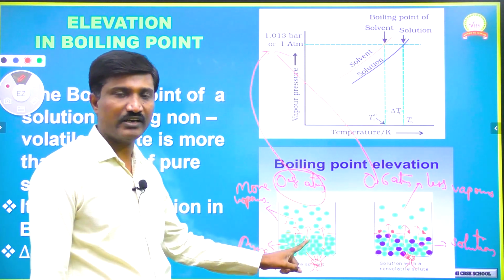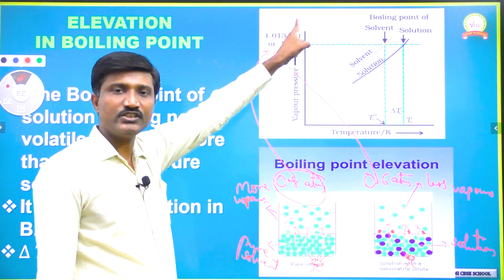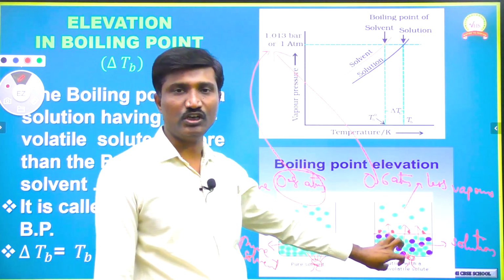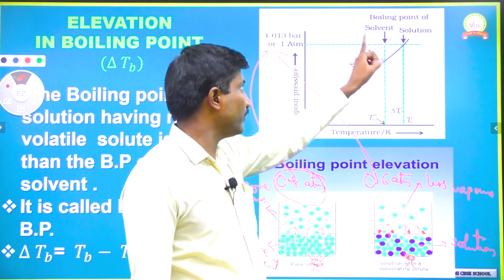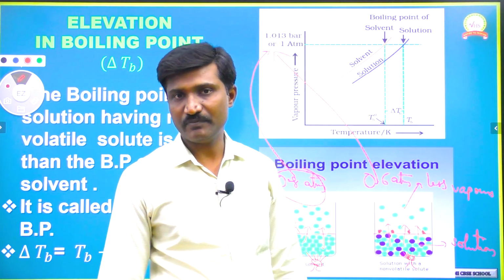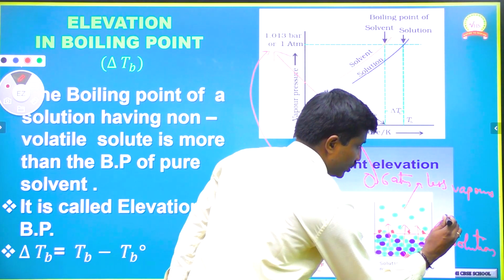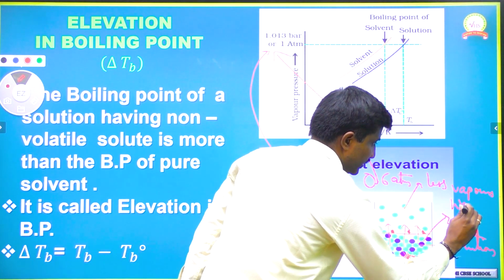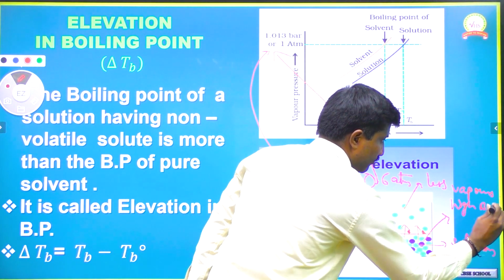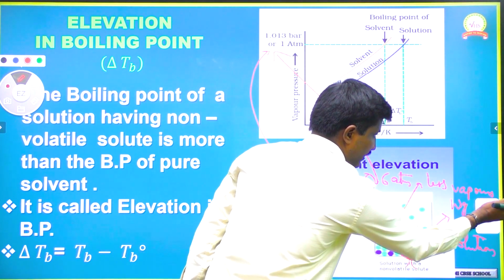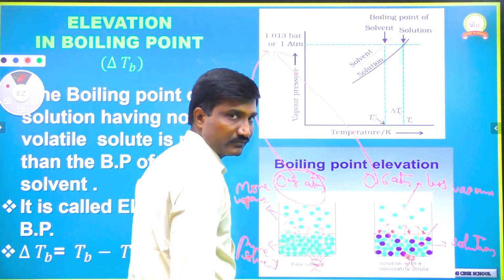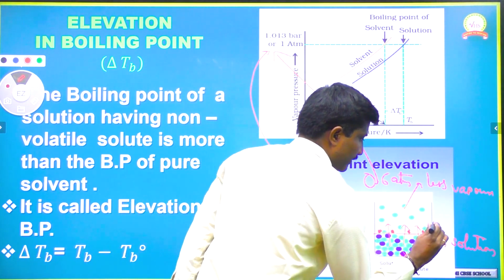So the pure solvent at low temperature only reaches atmospheric pressure, but the solution reaches atmospheric pressure at somewhat higher temperature. So we can say this solution has a higher boiling point. Just now we discussed that boiling point is nothing but the temperature at which the vapor pressure is equal to atmospheric pressure.